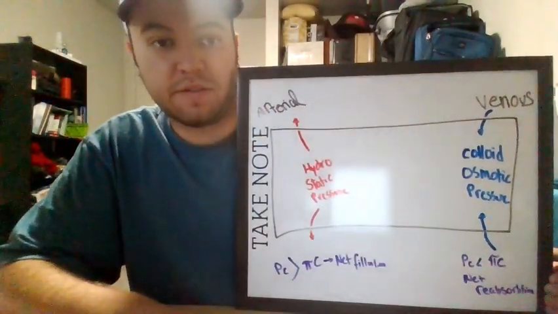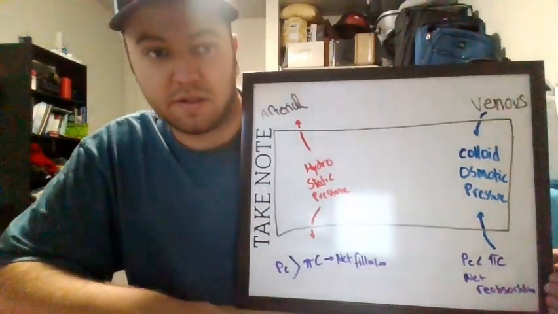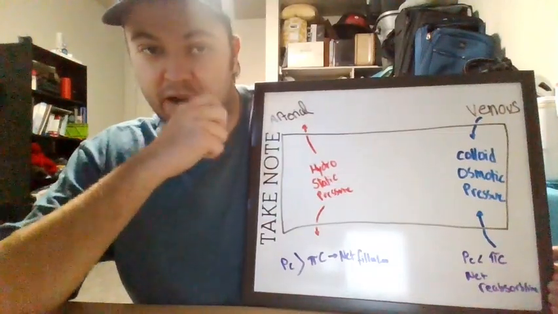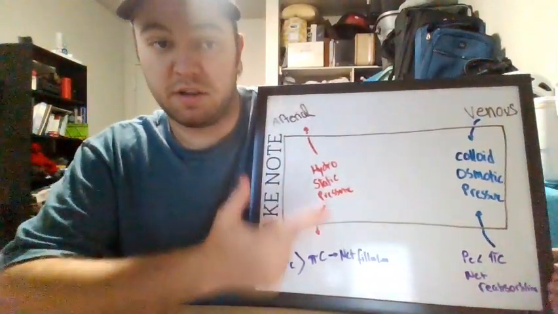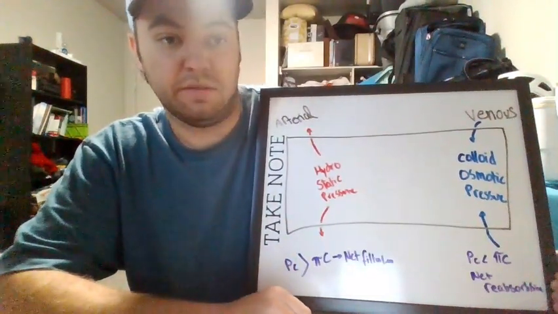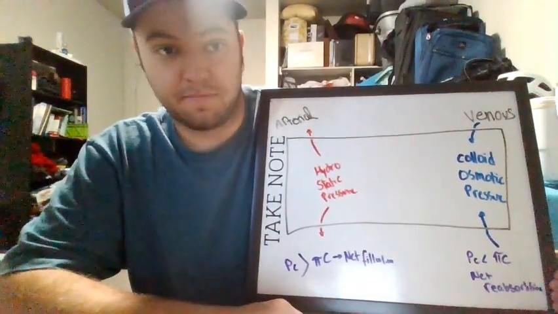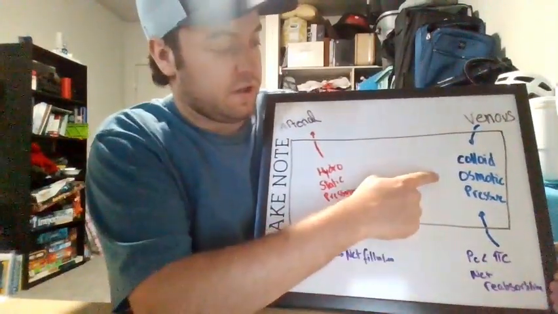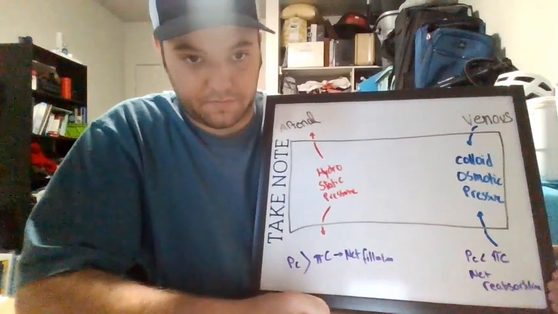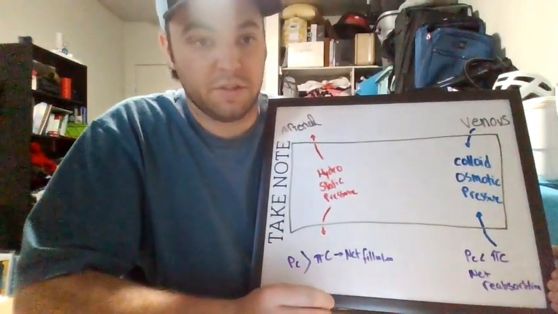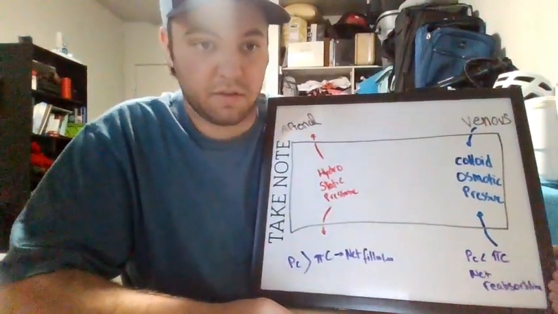All right. Now let's look at how fluid moves across capillaries. At the arterial end of a capillary, hydrostatic pressure caused by the blood pushes fluid out of the capillary into interstitial space. At the same time, there is colloid osmotic pressure from plasma proteins pulling fluid into the capillary.